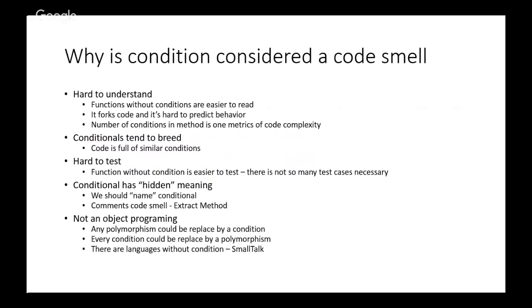Why is conditional code considered a code smell? If you don't know it, in object-oriented programming, you shouldn't use conditionals, or at least you shouldn't use them too often. Why do we consider it a code smell? Every switch somehow forks the code.